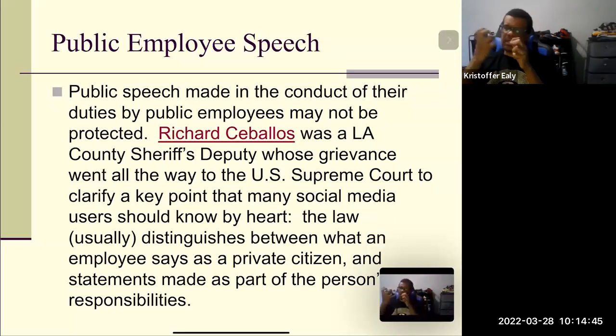So it's really important to understand the power of your words. You don't ever want to get caught slipping, saying or doing something that is stupid.